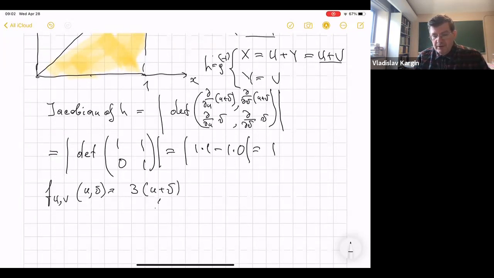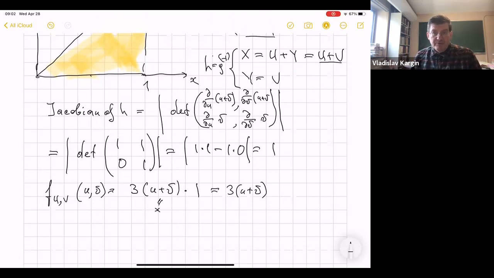This is our former x, multiplied by the Jacobian, which is equal to 1 here. So it's equal to 3 times u plus v.